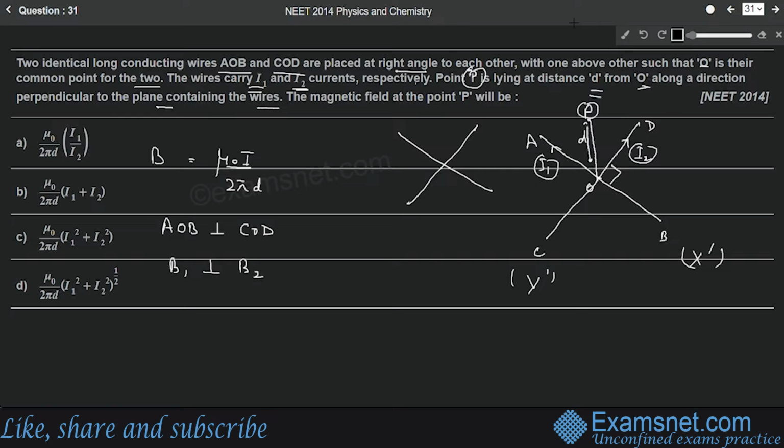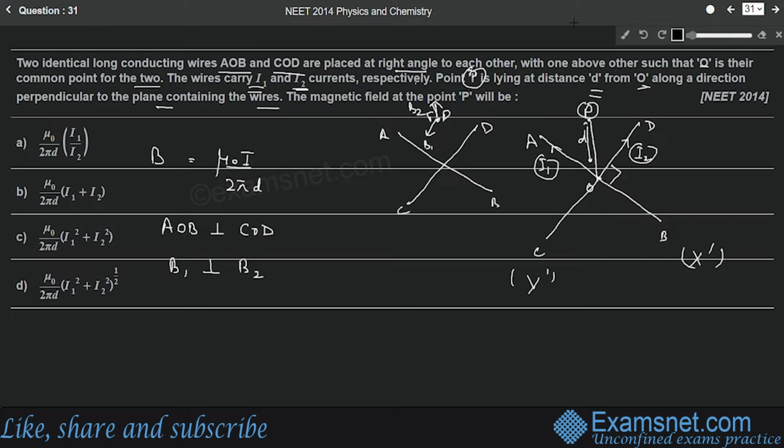So if this is the point P, here the magnetic field will be somewhere here, whereas the magnetic field due to the wire COD will be in the upward direction like this. These two will be perpendicular to each other. This is B1, this is B2.